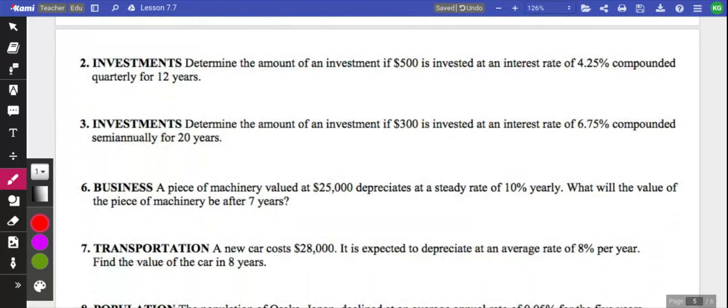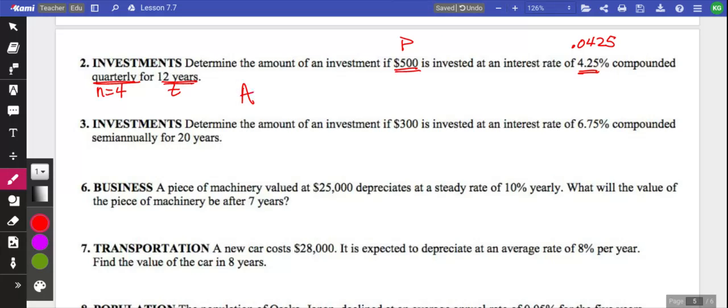So now we're working on investments, which tells us we're working on compound interest. So $500 is my invested money, so that's my principal. 4.25% is my rate, and this one we don't have to add or subtract 100, so we just change it into 0.0425. And compounded quarterly tells me that my N is going to be 4. 12 years tells me that T is 12.